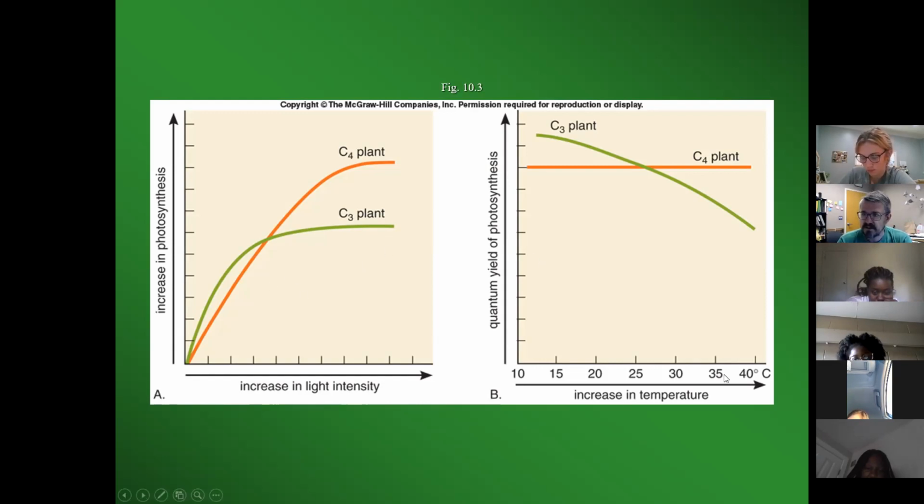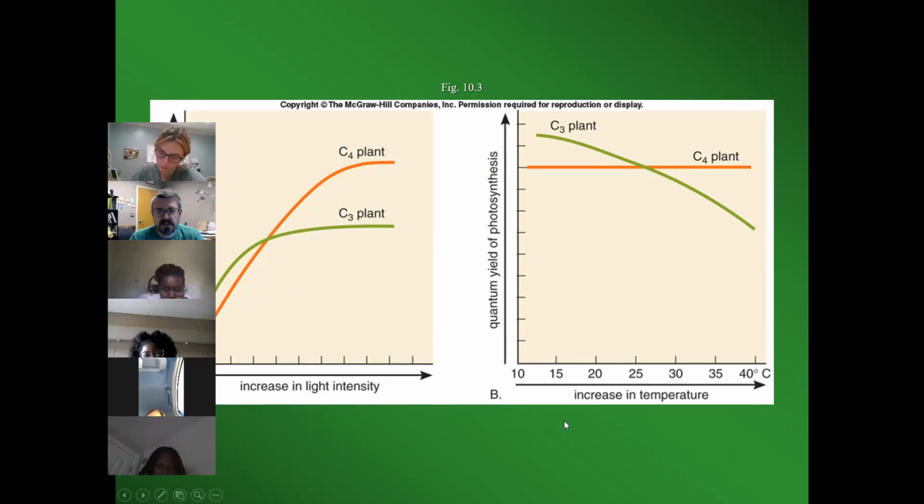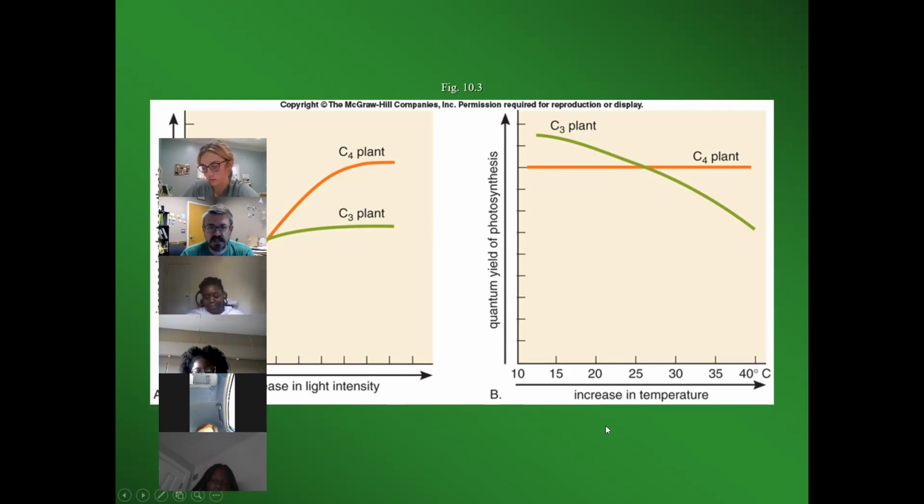On the right, what we notice is that as you increase temperature, we have the same thing. So on the left, it was light intensity. On the right is temperature, which usually are correlated with each other. As temperature goes up, C3 plants really don't do well. On the other hand, C4 plants don't really change.